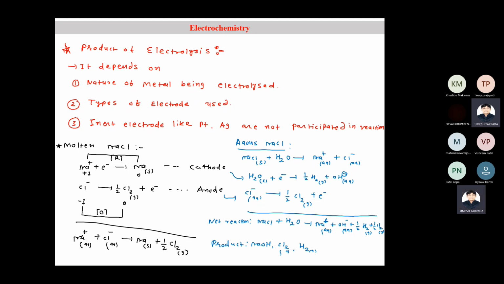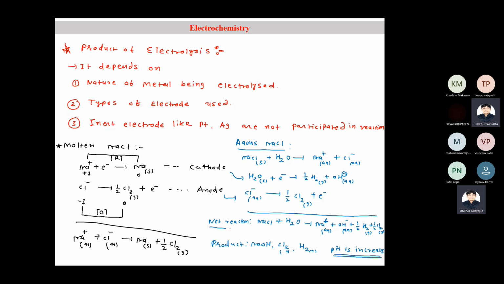NaOH is formed and NaOH is a base. So during this electrolysis, the pH of the solution increases because a base has higher pH. The pH increases because of the formation of NaOH.